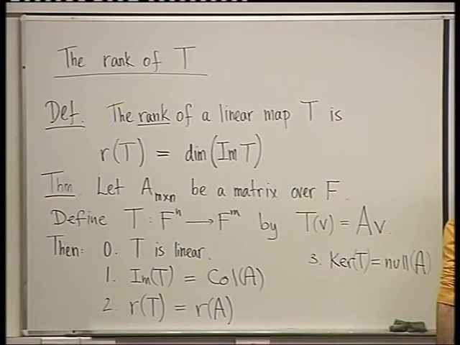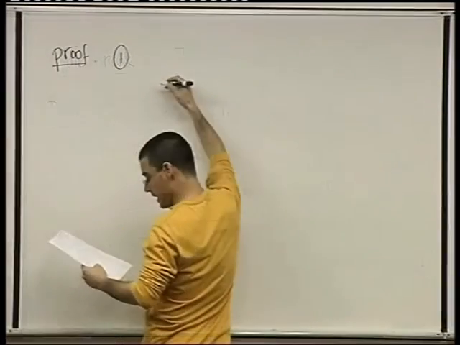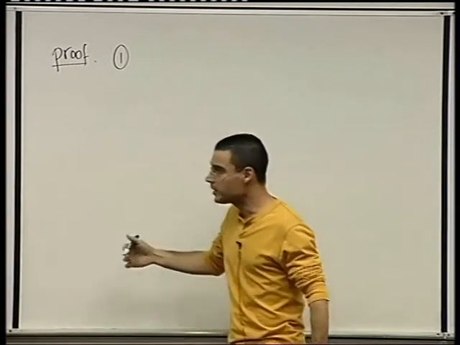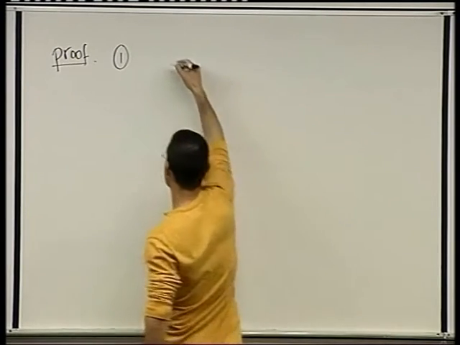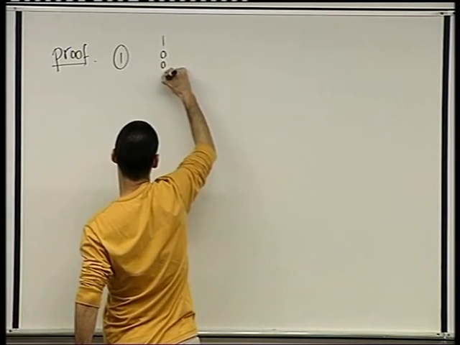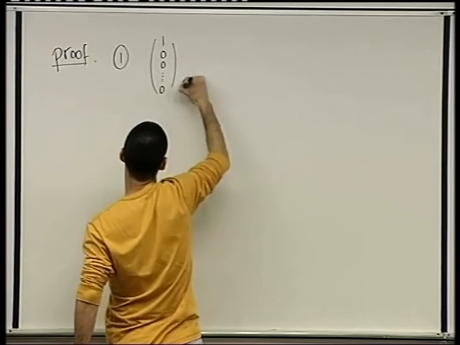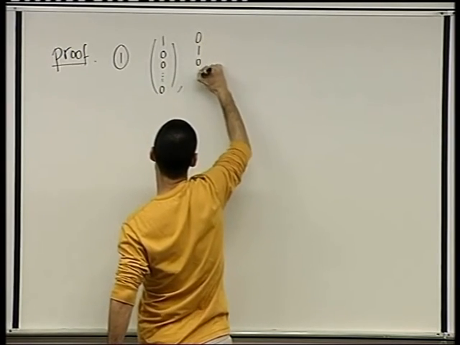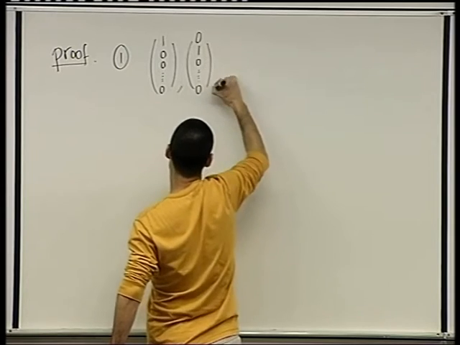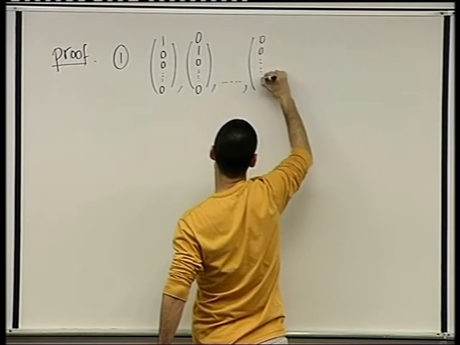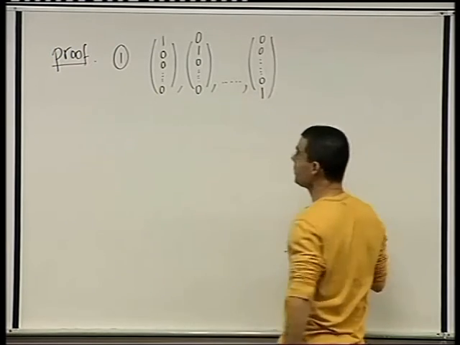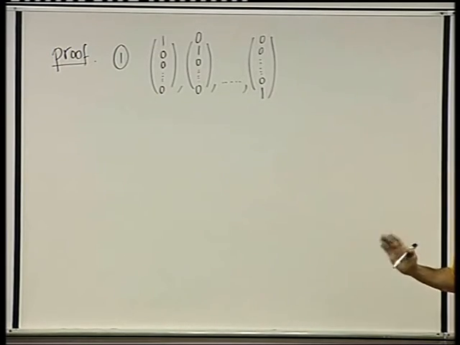So, proof. 1. Let's take the standard basis for the domain space. So I'm going to take 1, 0, 0, dot, dot, dot, 0, and then 0, 1, 0, dot, dot, dot, 0, all the way up to 0, 0, 0, 1. This is the standard basis for Fn.